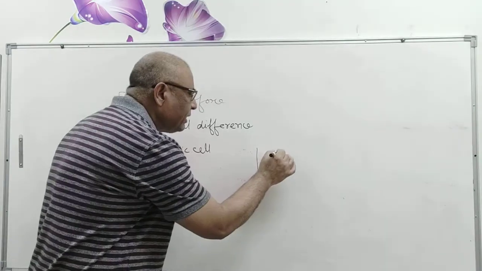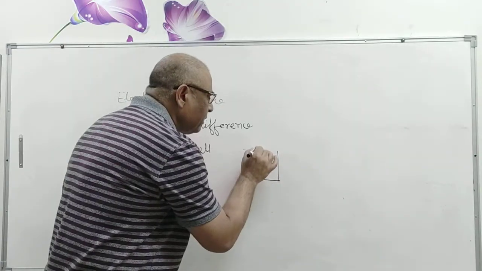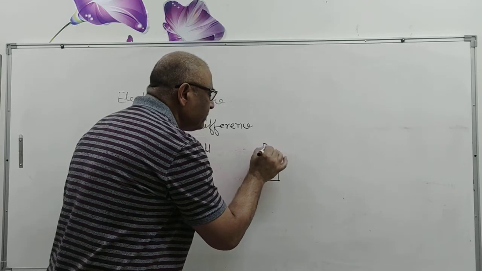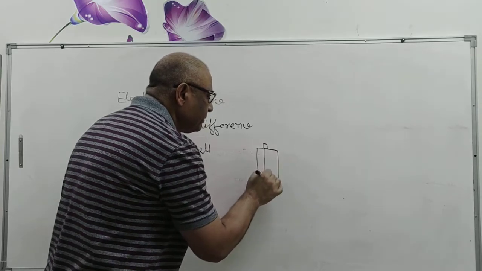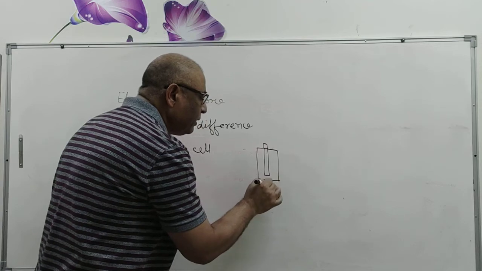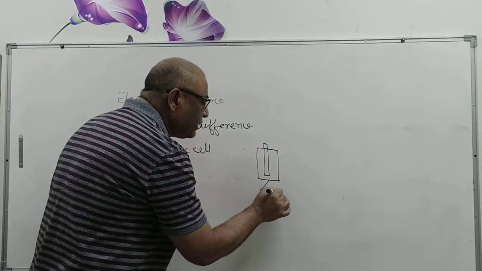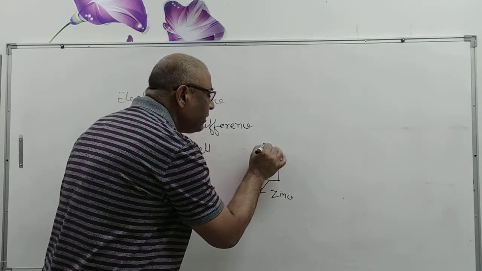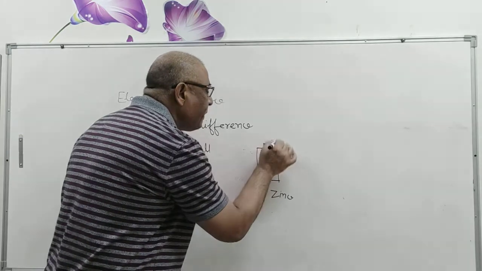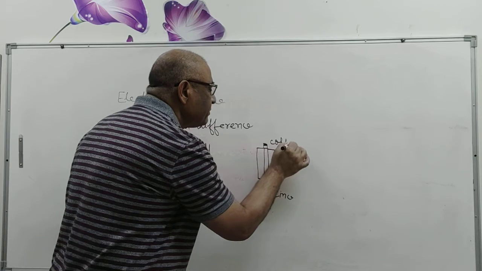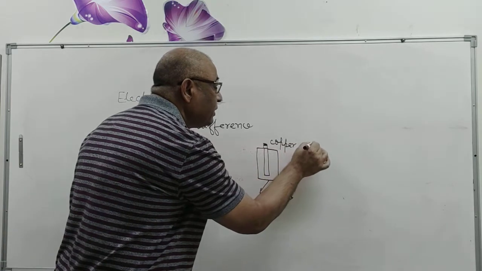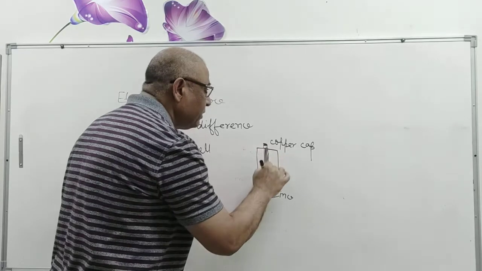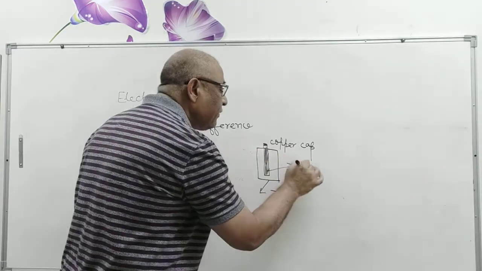Think about the cell: this body consists of zinc, here is a copper cap, and this black portion is known as the graphite rod.